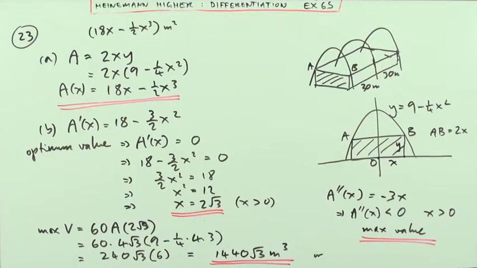Or, if you wanted it as a decimal, but that's actually the better answer, then just pop into your calculator and you get 2494.153 to round off, metres cubed, to round off as you please.